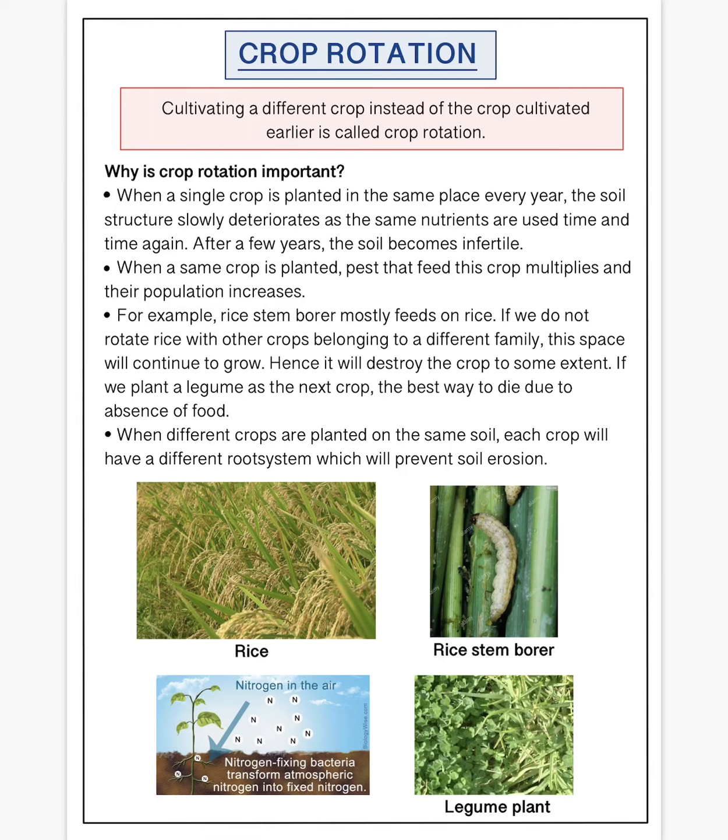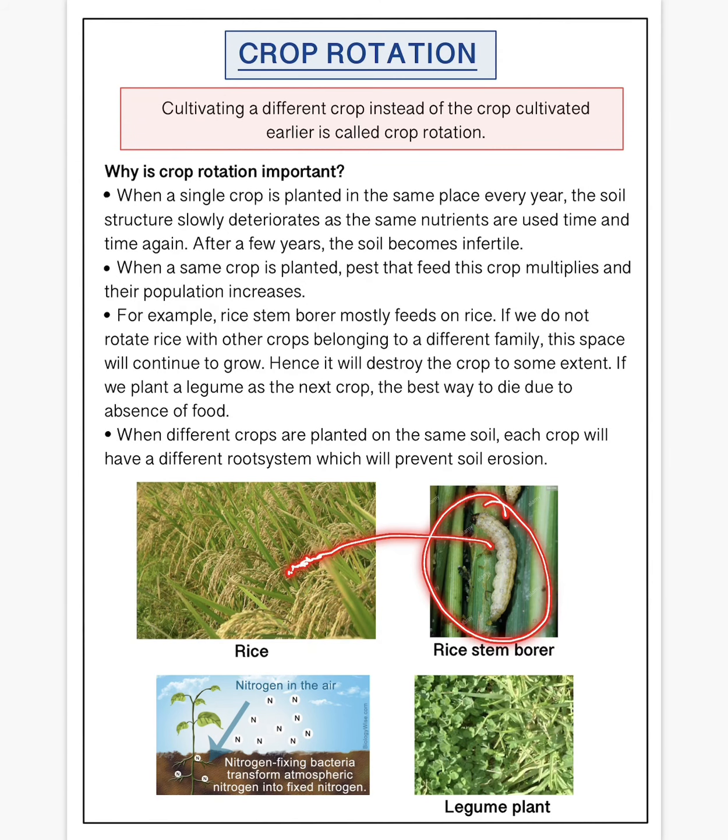The second and the most important advantage is, when we grow rice, each crop has a pest of its own. For the rice crop, the pest is called rice stem borer. This pest will survive on rice, and it will try to multiply there and build its population.